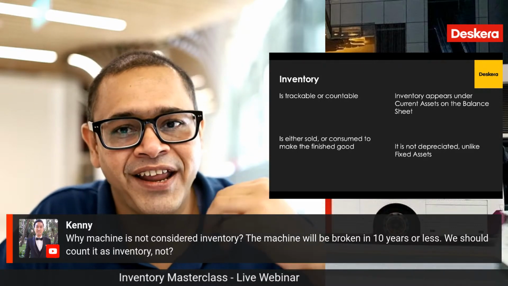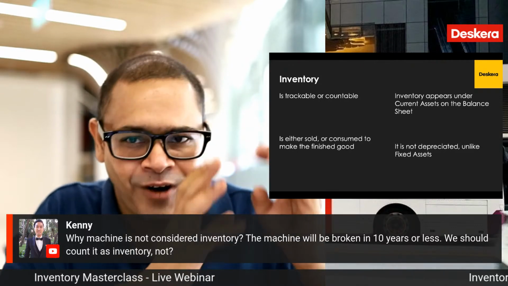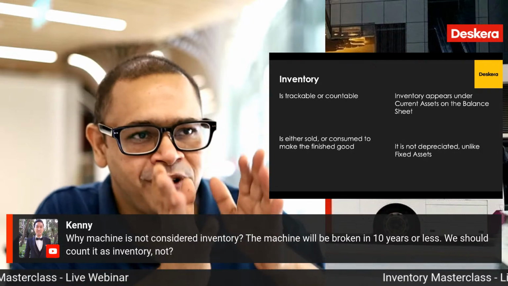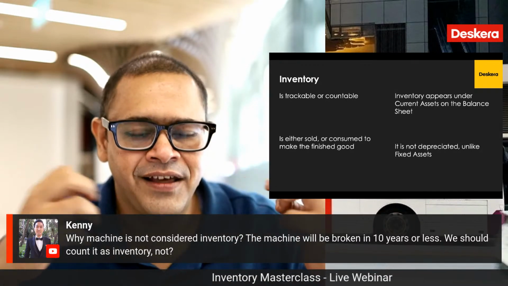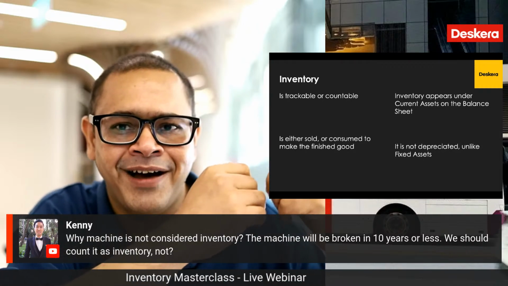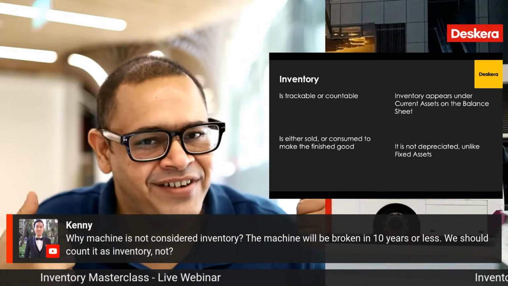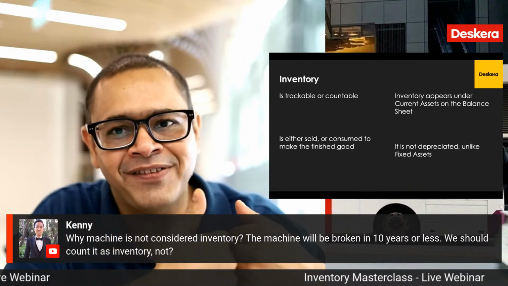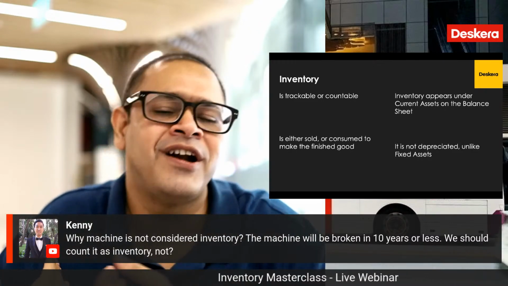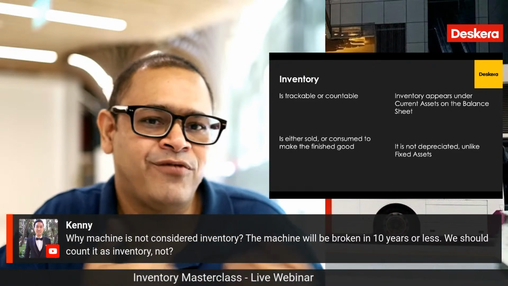Or it is not getting fully consumed. You are obviously taking away some usefulness of the machine as you keep using it. But even if you don't sell, the machine can still break down after 10 years, correct? Even if you're not using the machine, its useful life is 10 years, and after 10 years, it will probably not work anymore, and you will have to get a new one.